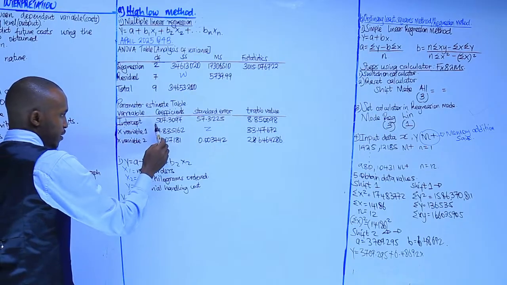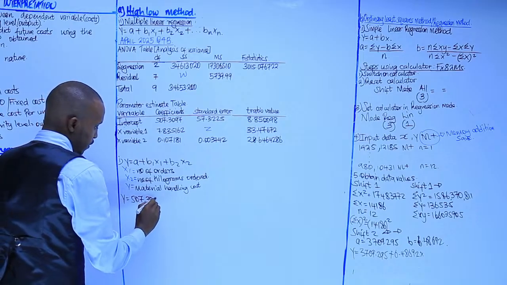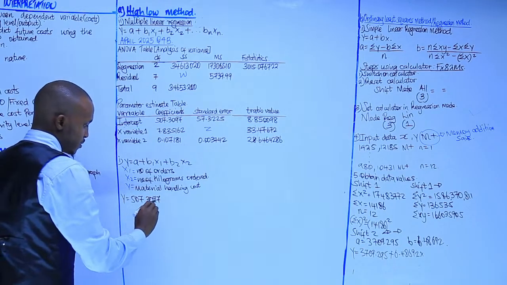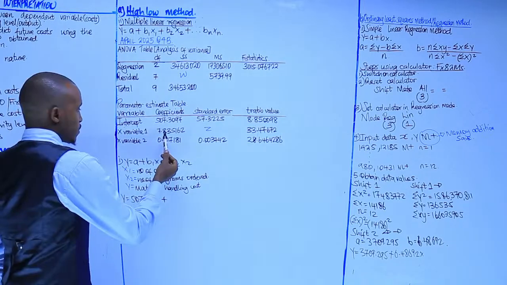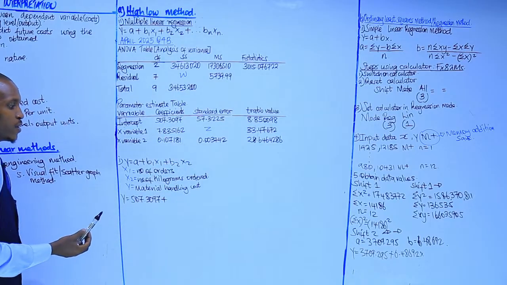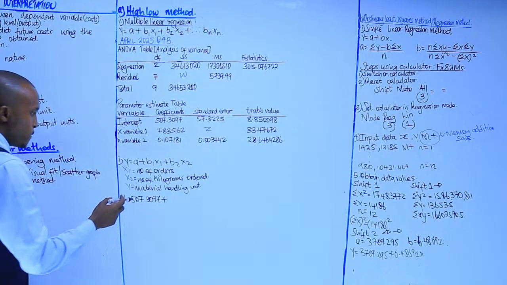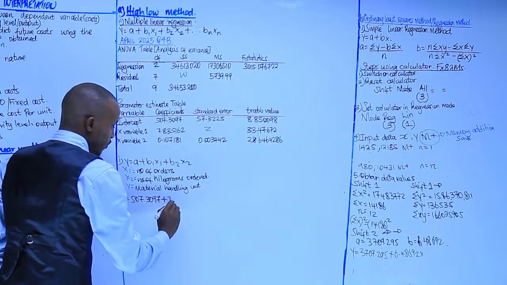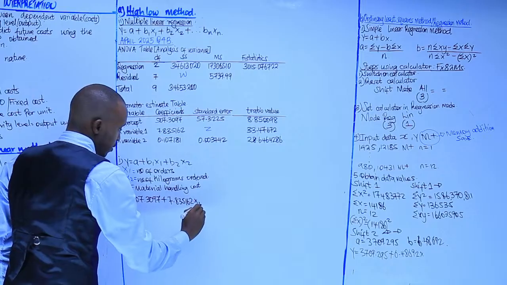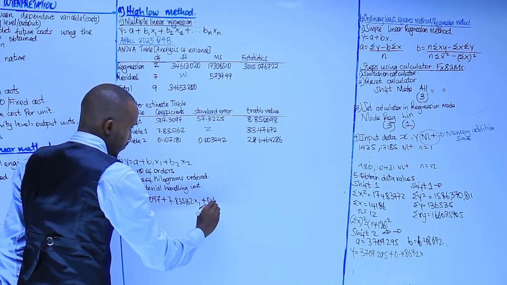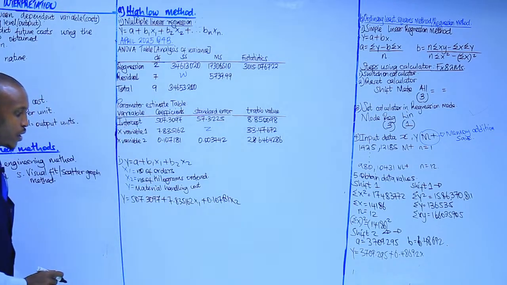So y is 507.3097 plus the coefficients of x1 and x2, which are the ones you're going to refer to as your B. So B1 here will be 7.835162 of x1 plus 0.10781 of x2.